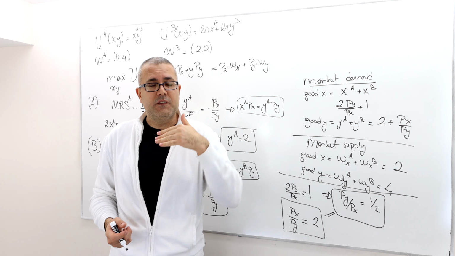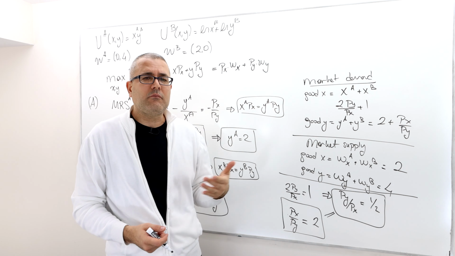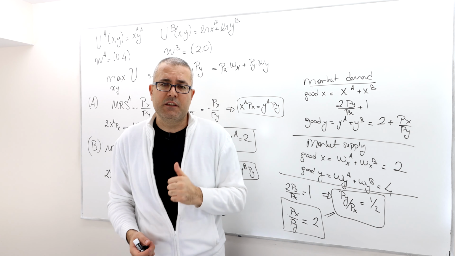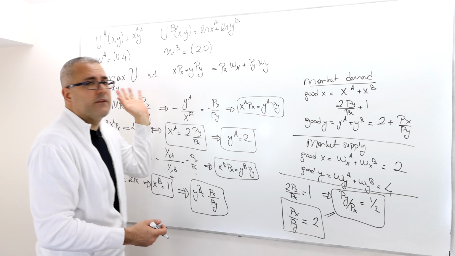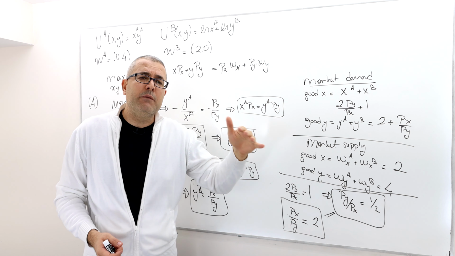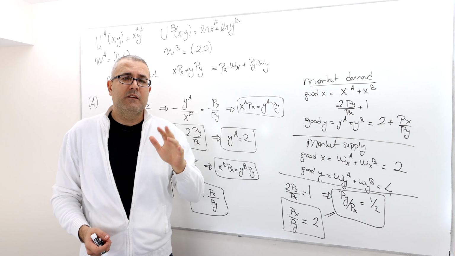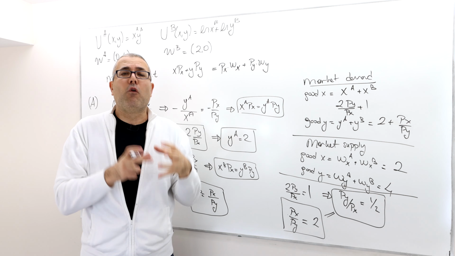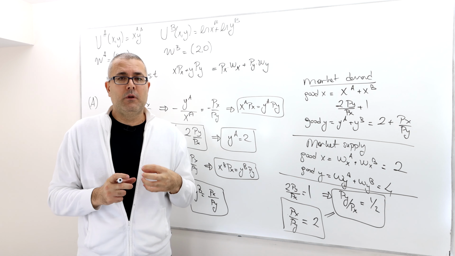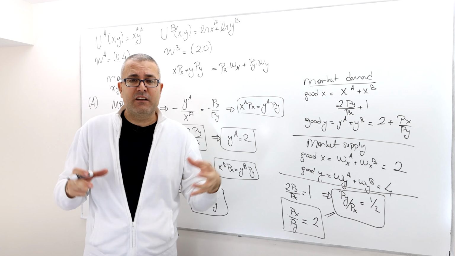And in fact, this is what we get in Walrasian equilibrium. It basically says the following. In this market, there are infinitely many prices that may form an equilibrium, meaning that will clear the market.